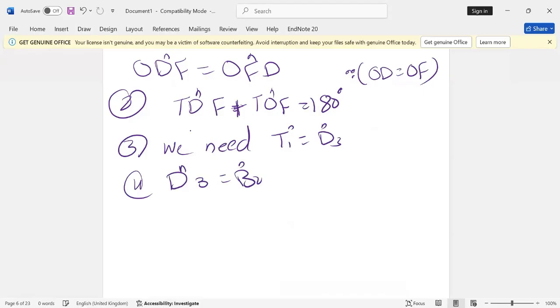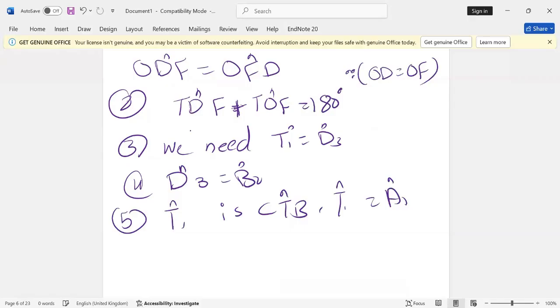Angle subtended by the arc CA. So T1 is CTB, and T1 equals A1, all right? And we have to use the property that OFT plus ODT equals 180.